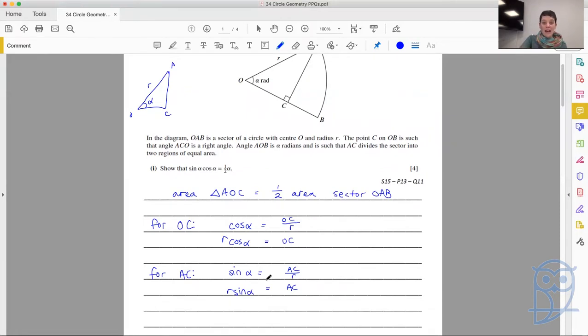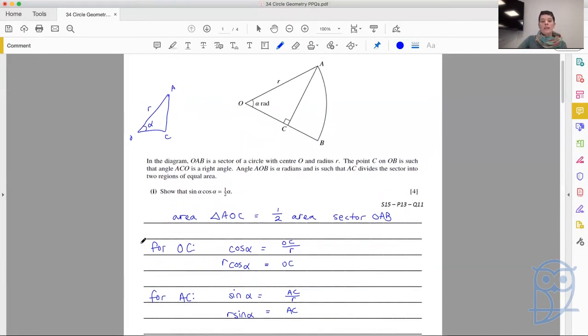So we now have, we think through it, area of a triangle, half base times height. Area of the sector, 1/2 R squared theta.